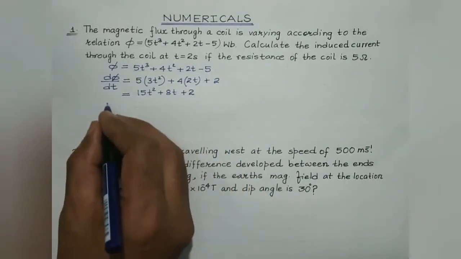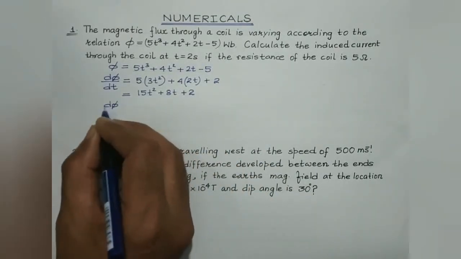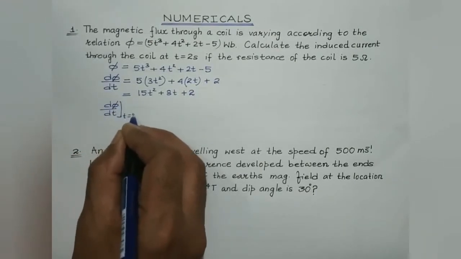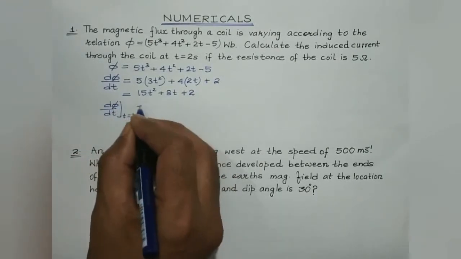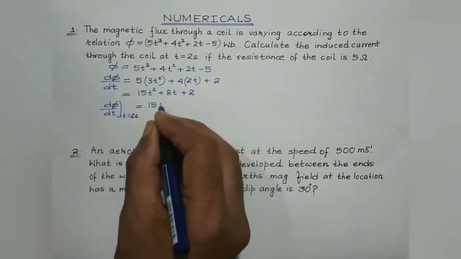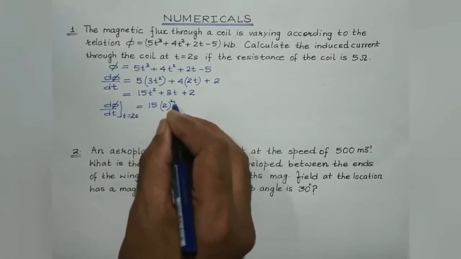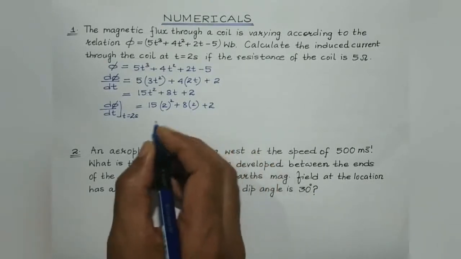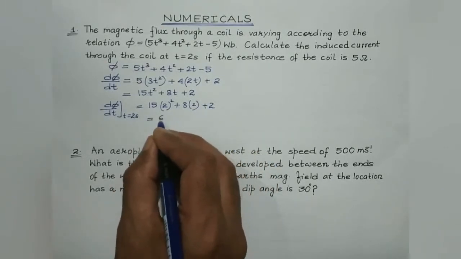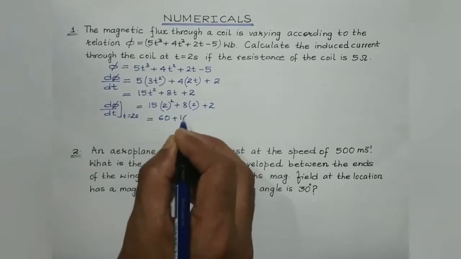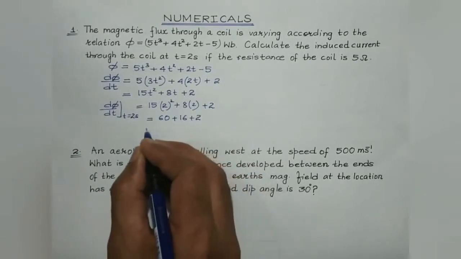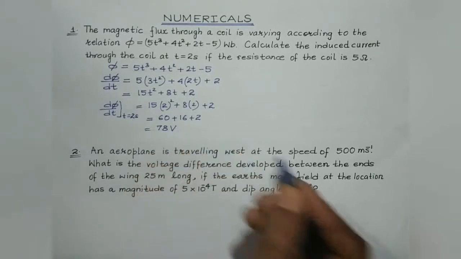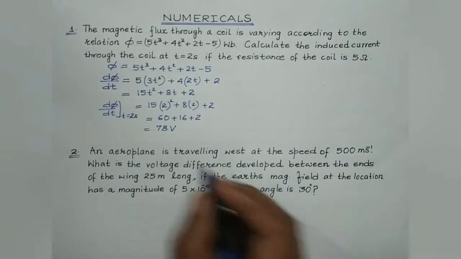So let's find out the value of the time rate of change of magnetic flux at the instant t equals 2 seconds. That will give us 15 into square of 2 plus 8 into 2 plus 2. That will give us 60 plus 16 plus 2, that is 78 volts in SI, right? d phi by dt.